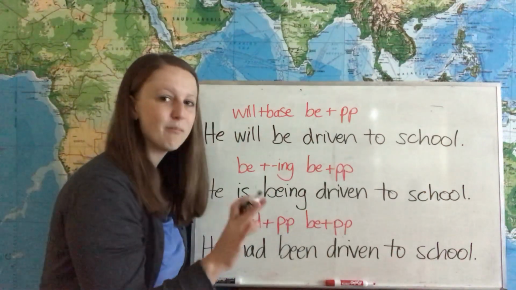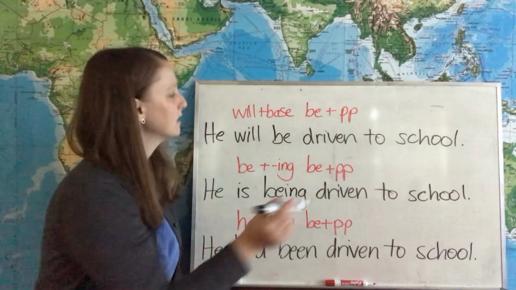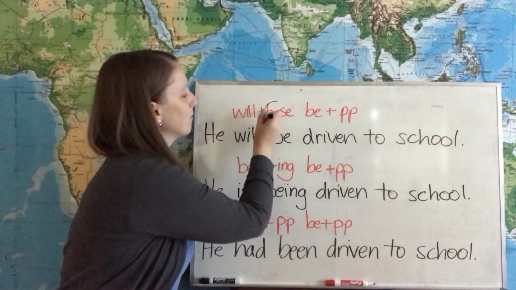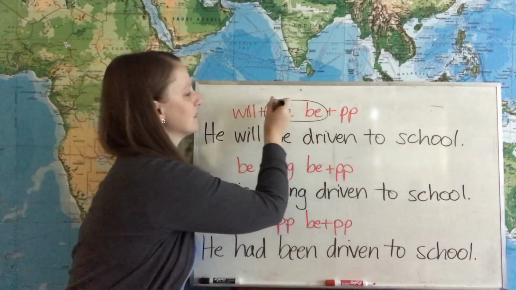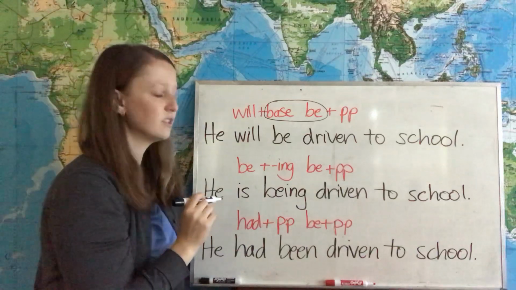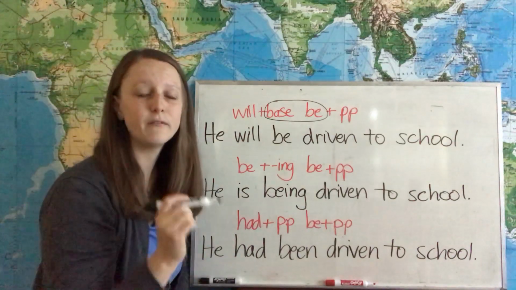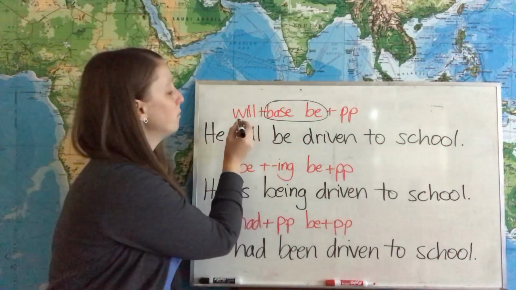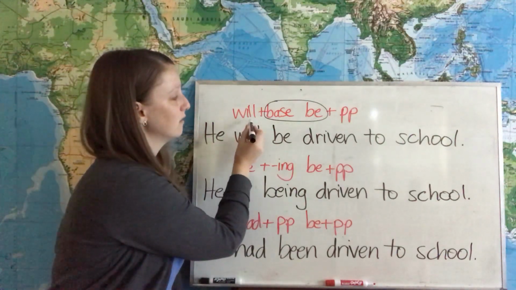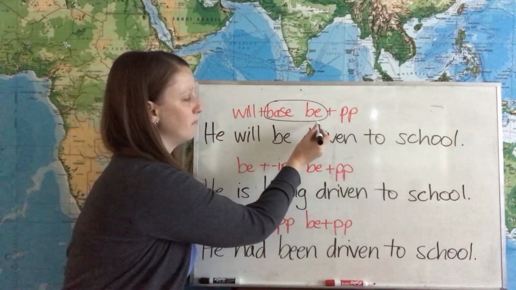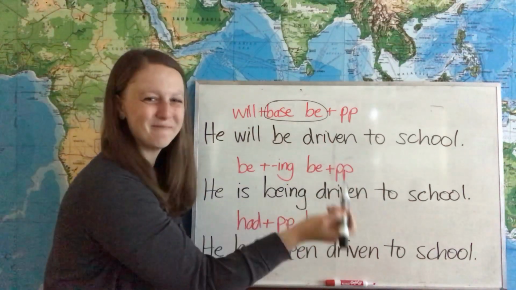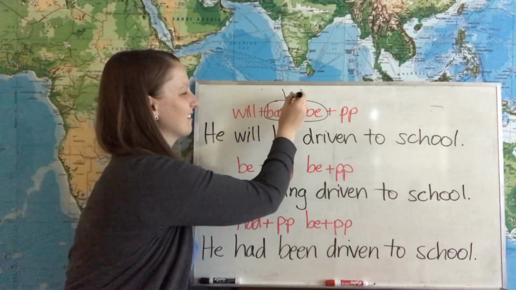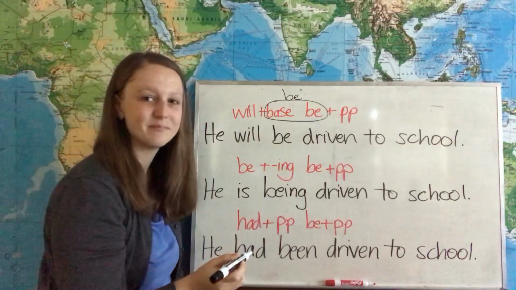So the way that I practice these with my students is to put these two parts together. So we know that a simple future passive verb will be will with the base form of be. Now the base form of be is just be.